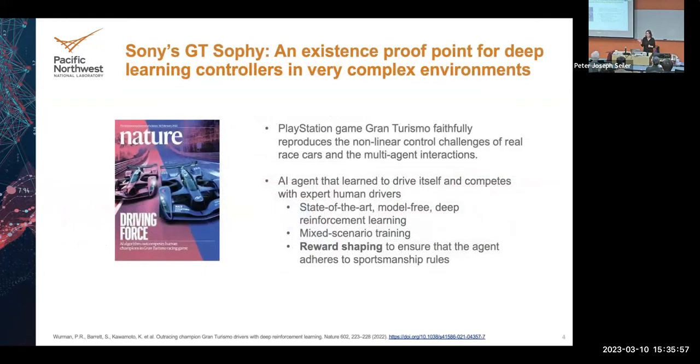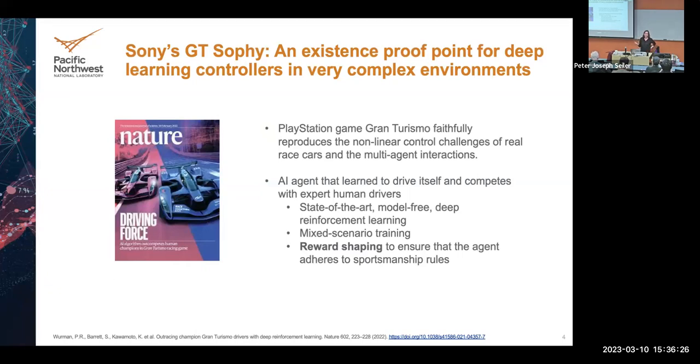Now, this slide is only here as a justification to show that these kinds of approaches really work. There has been a recent publication in Nature sometime in the middle of last year, where Sony showed that they can use reinforcement learning in a closed loop with a very complex driving competition environment.